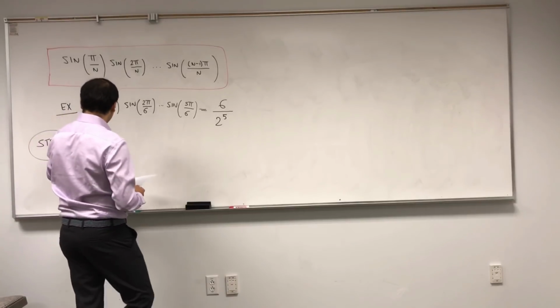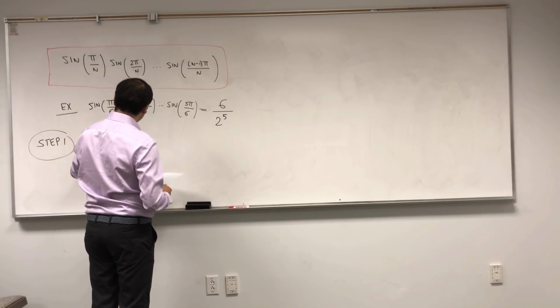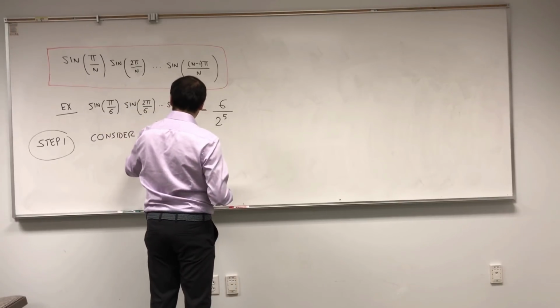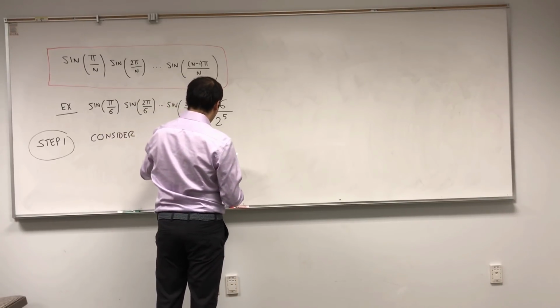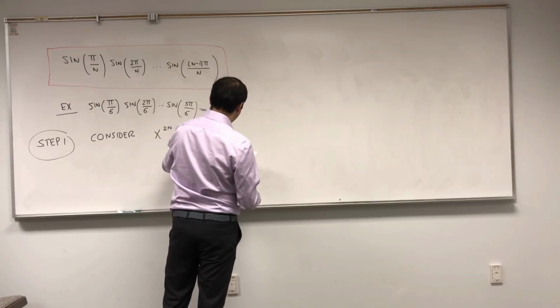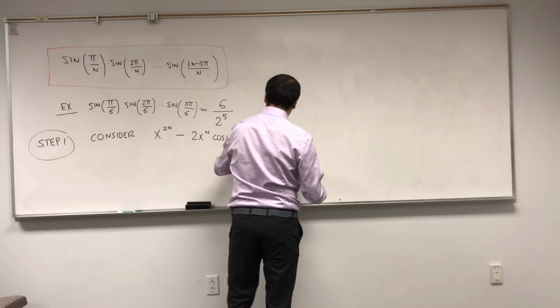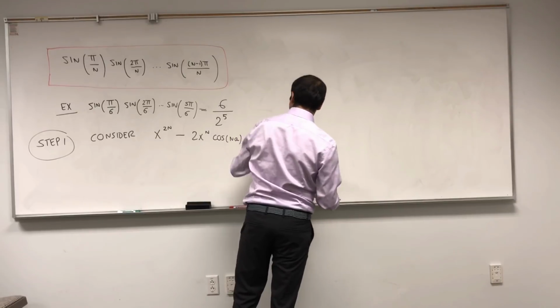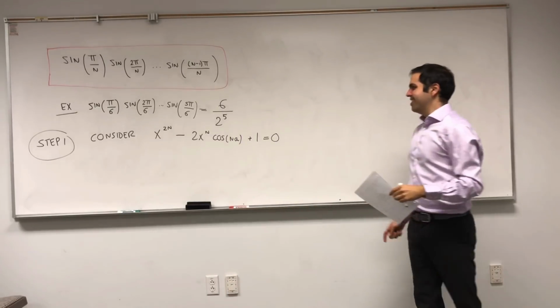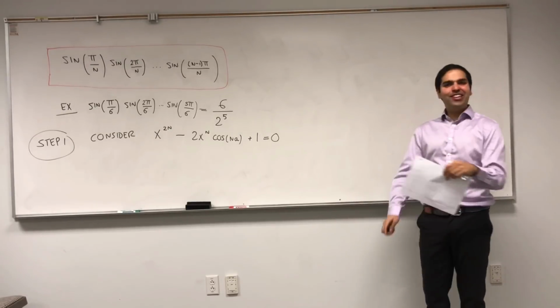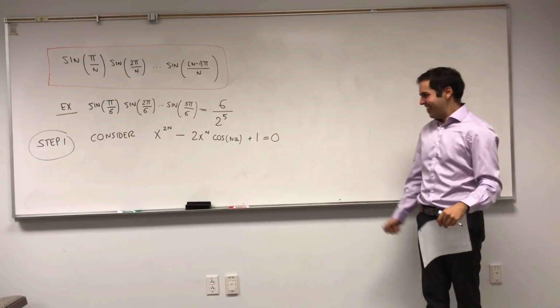So consider the following equation of degree 2n: x to the 2n minus 2x to the n cosine of na plus 1 equals 0. So, I really love this argument because it's a very a la flammable maths argument.